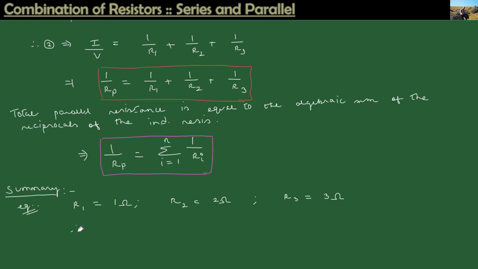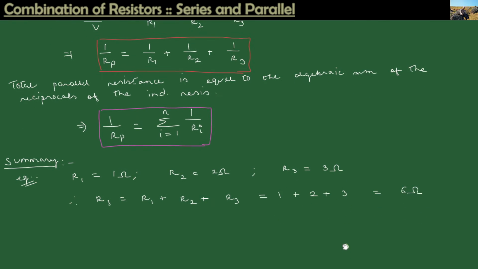Then if resistors are connected in series, it is the algebraic sum of the individual resistors, so this will be 1 plus 2 plus 3, and the total resistance will be equal to 6 ohms.